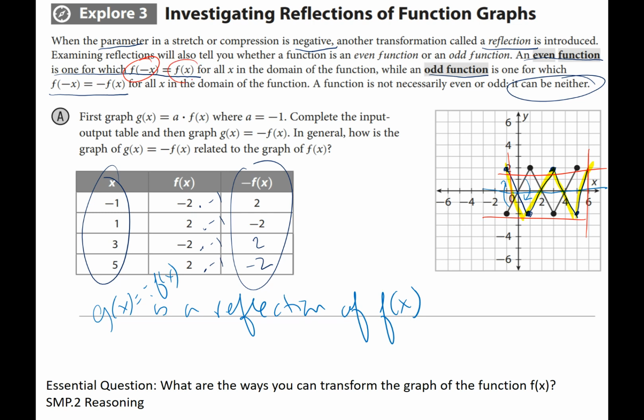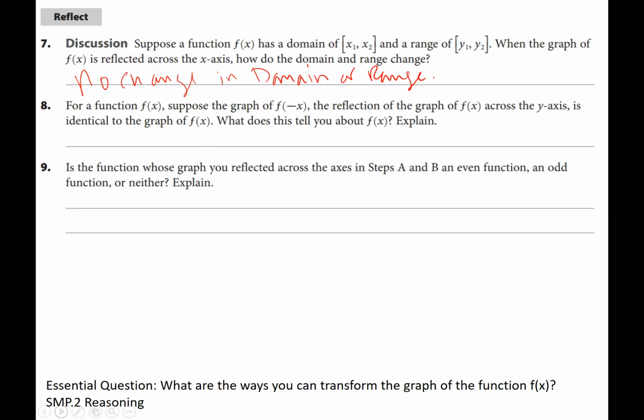If it comes back to the original function, that means that you had an even function. So if your pictures looked exactly the same, it would be even. So we would want to say that because f of negative x equals f of x, it is an even function.